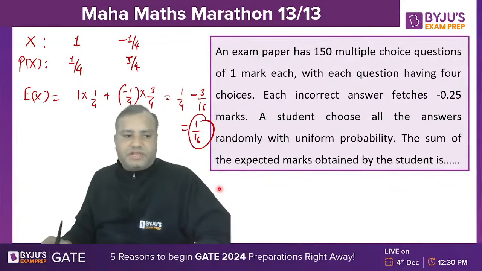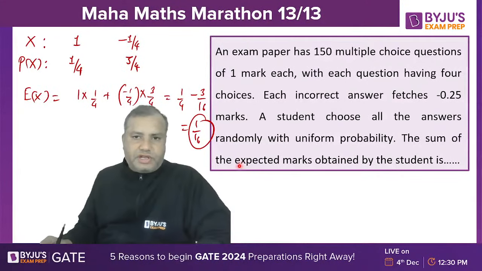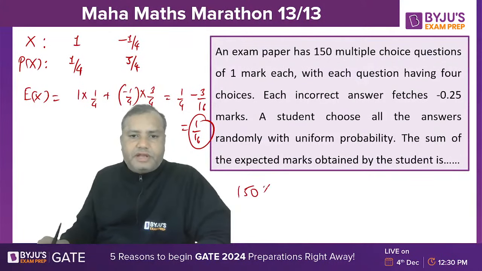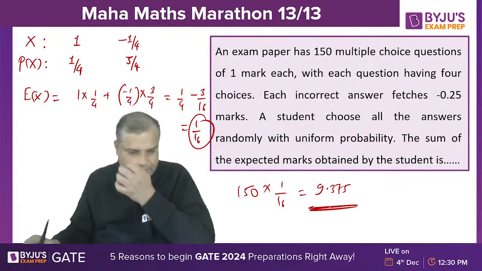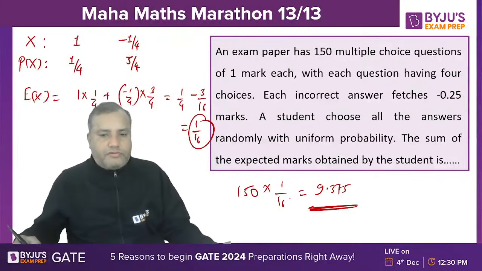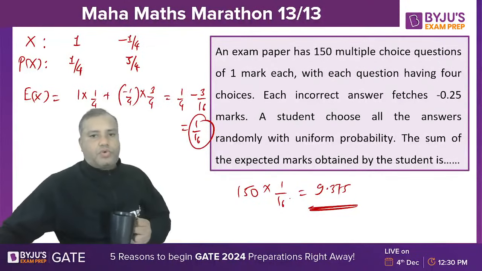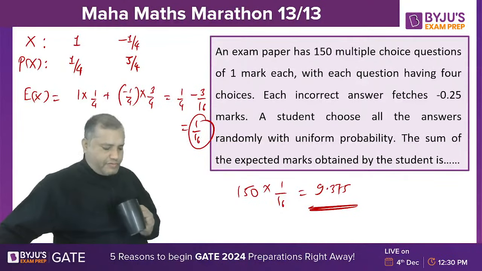So marks scored on 150 questions will be 150 into 1 by 16, on 150 questions answered randomly.